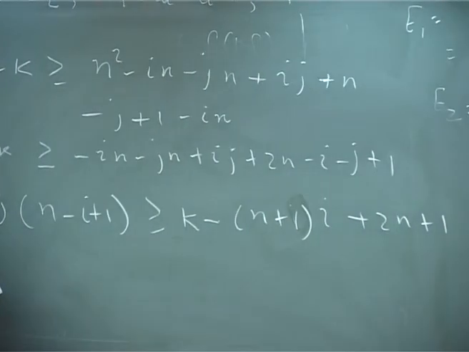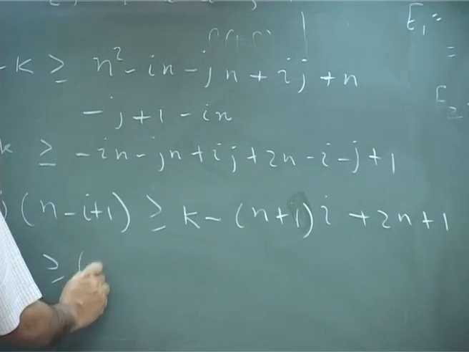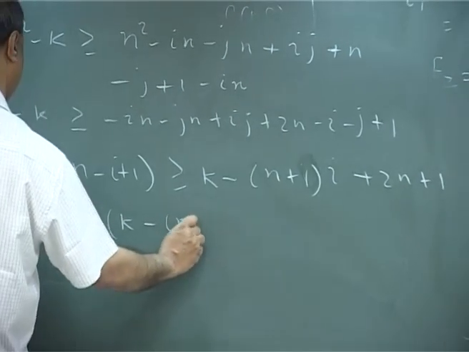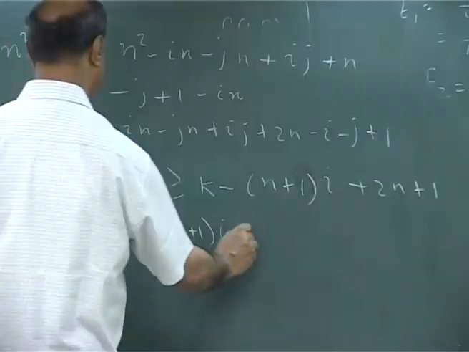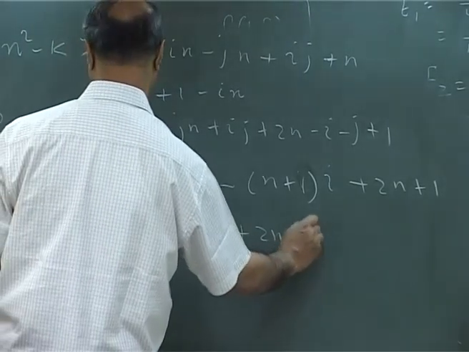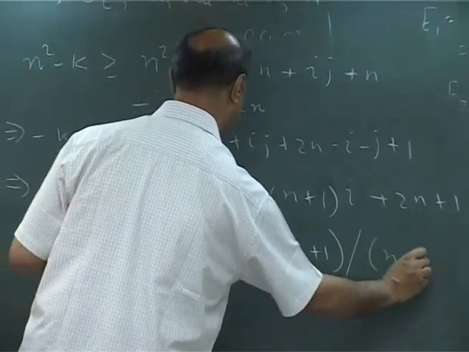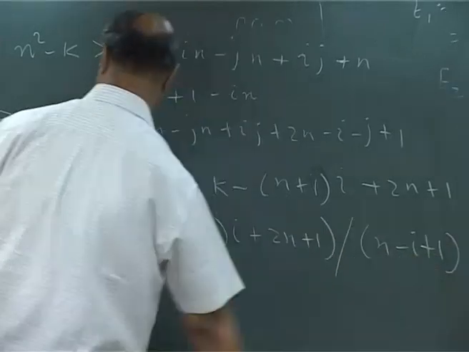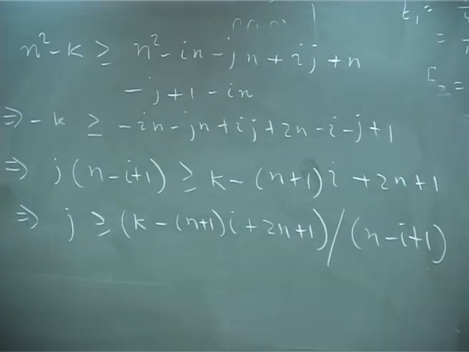This gives you j greater than or equal to k n plus 1 I plus 2n plus 1 n minus I plus 1. So after calculation you will be getting this.